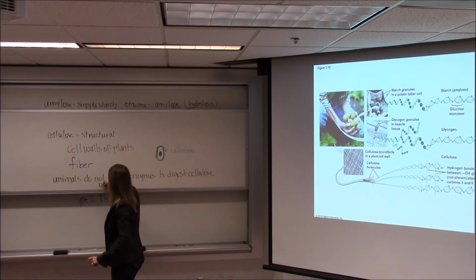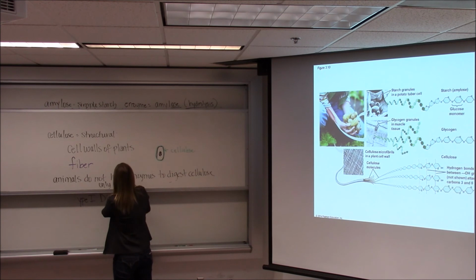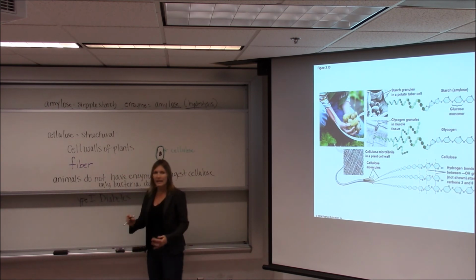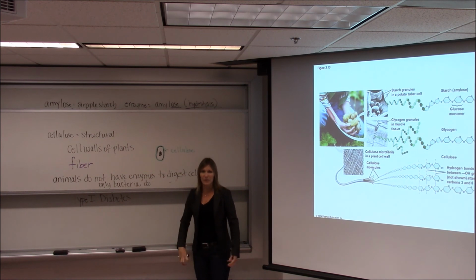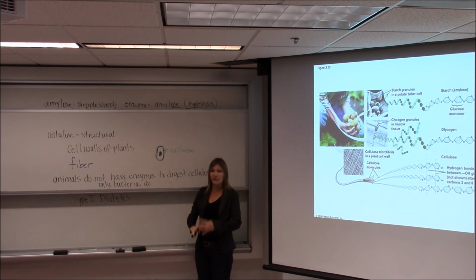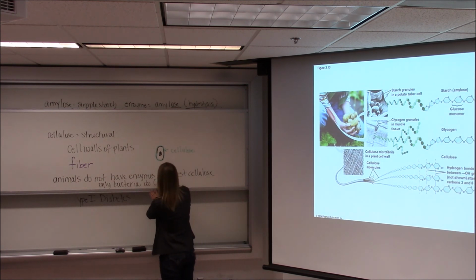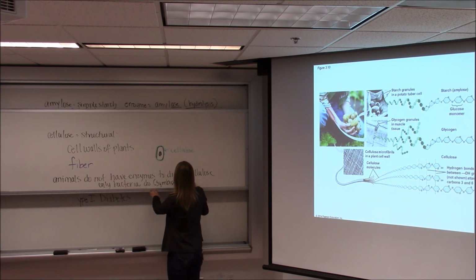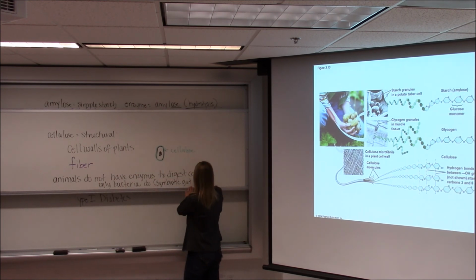Only bacteria do. So those animals who have a very high cellulose diet, cows and deer, really anything with hooves, have bacteria in their gut, symbiotic bacteria in their gut, who do have the enzymes to break down that cellulose.